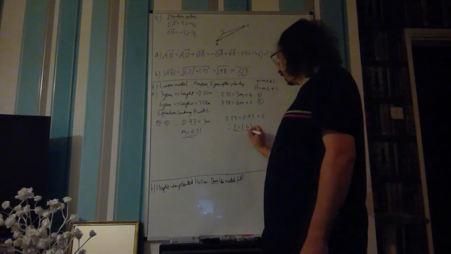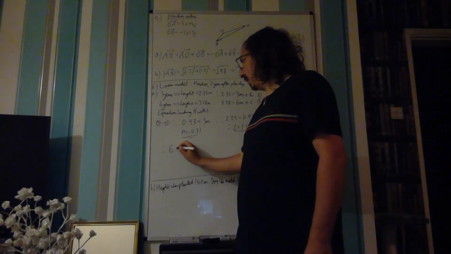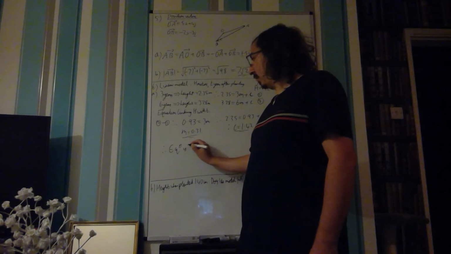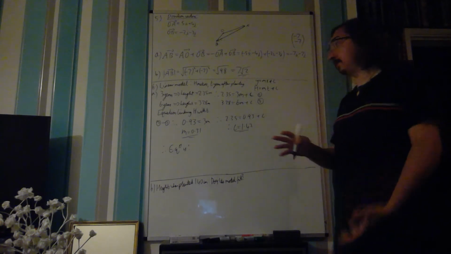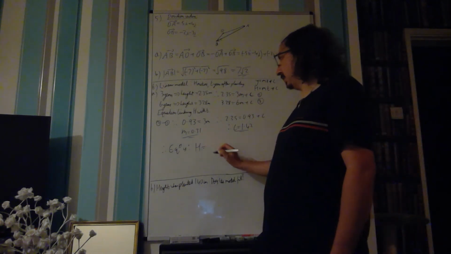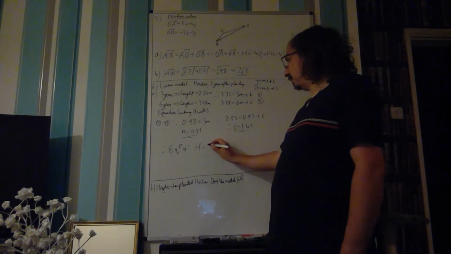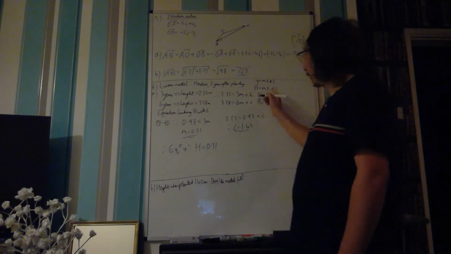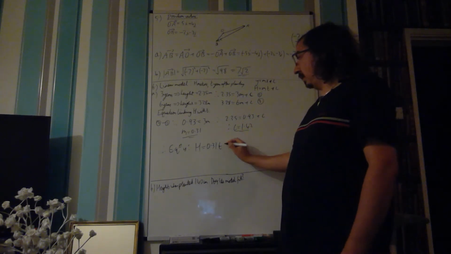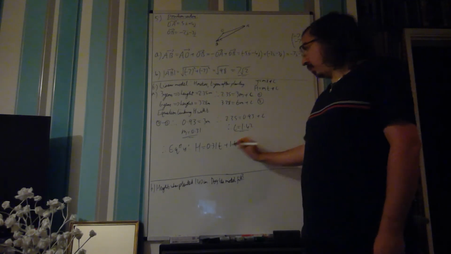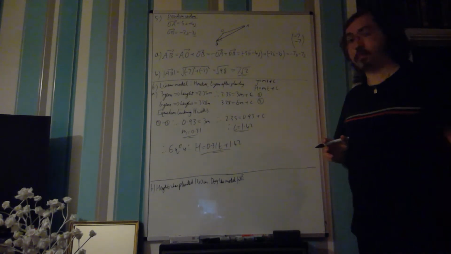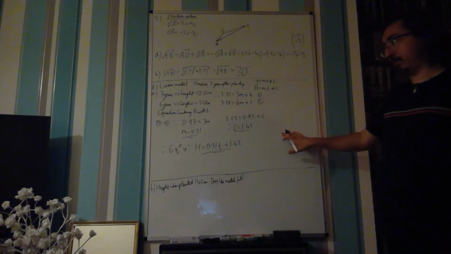So our equation then is, well, the height is variable, so h is equal to, our m is fixed, so 0.31, t is the number of years, so that's changing, and our c is fixed, 1.42. And that's our equation.